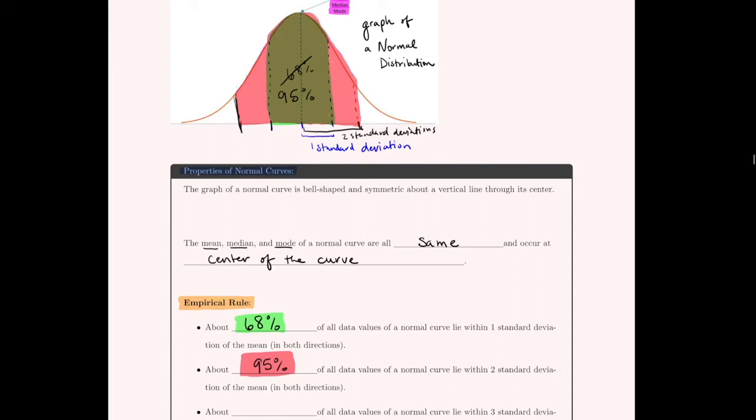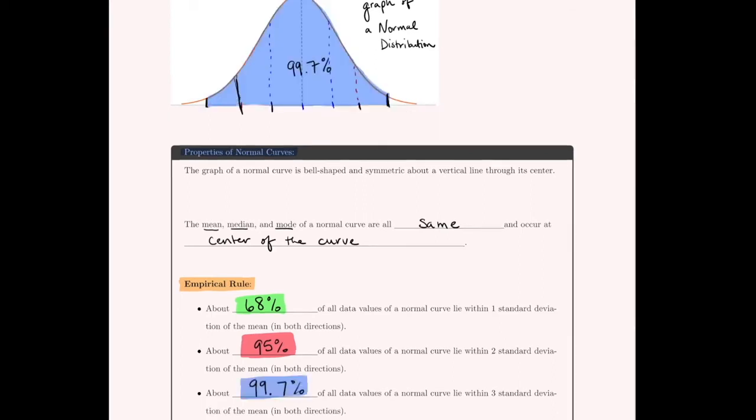So seeing this on our graph, in conclusion, if we know that we're looking at normally distributed data, then we know that a certain percentage of the data must lie within 1, 2, and 3 standard deviations of the mean. So 95% of the data must lie within 2 standard deviations of the mean in either direction.